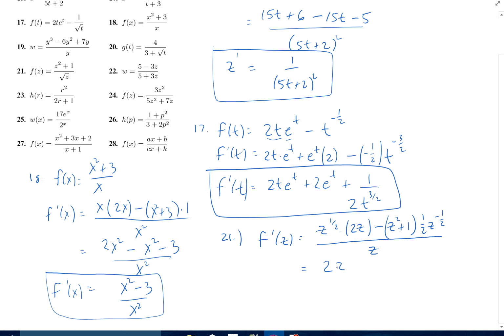So we get 2z to the 3/2, right? Add the exponents, minus, if I distribute this, I'm going to add the exponents. So I'll get 1/2 z to the 2 minus 1/2 is 3/2, minus 1/2 z to the negative 1/2, all over z. And we'll call it there. We could get rid of that negative over here and so forth, but we'll leave it at that for this problem.